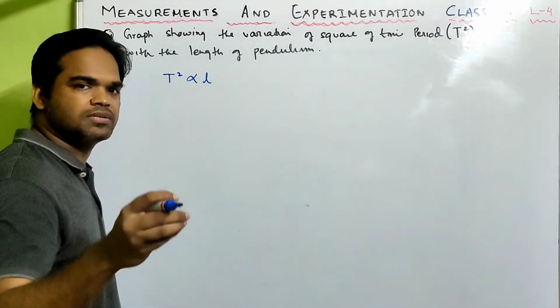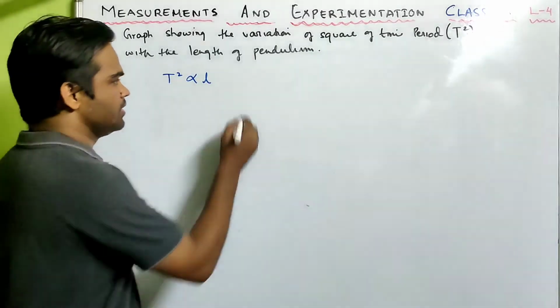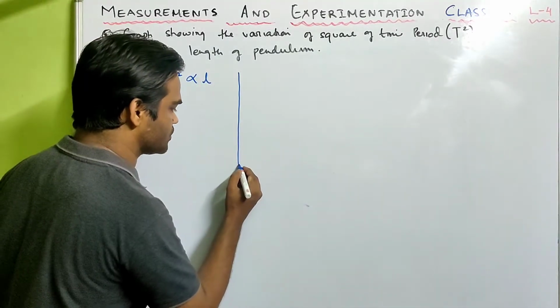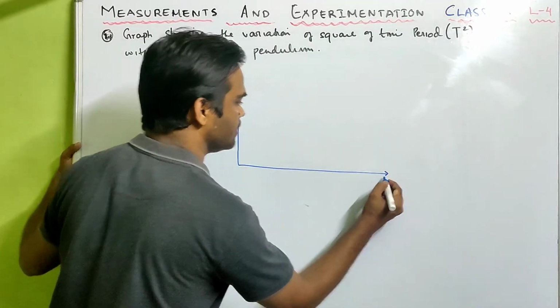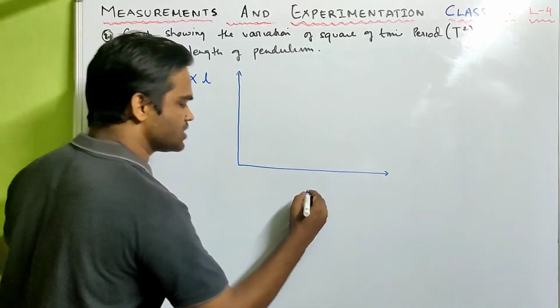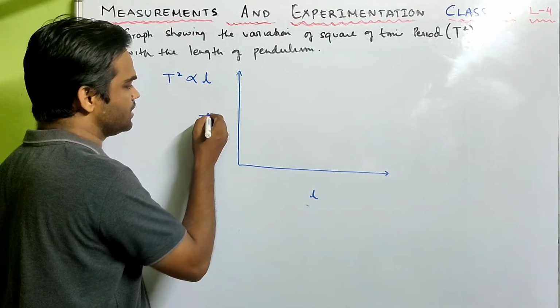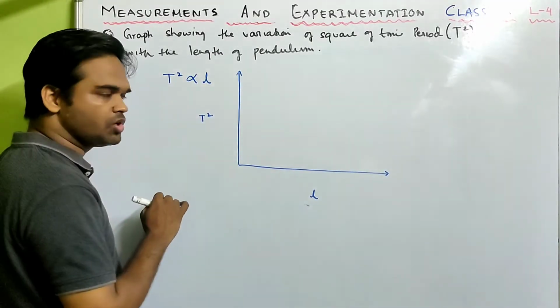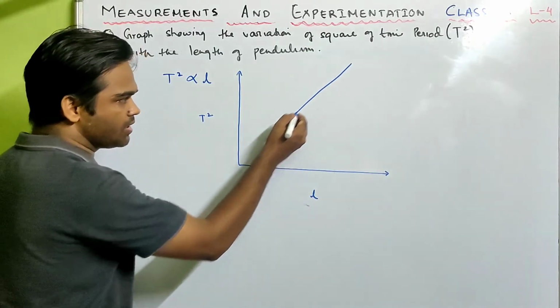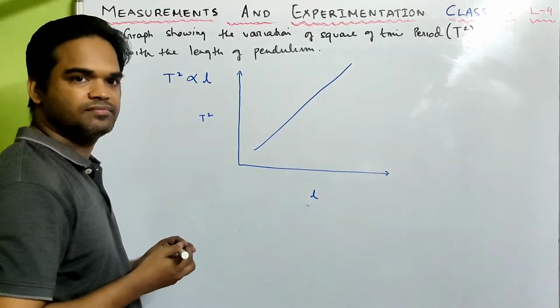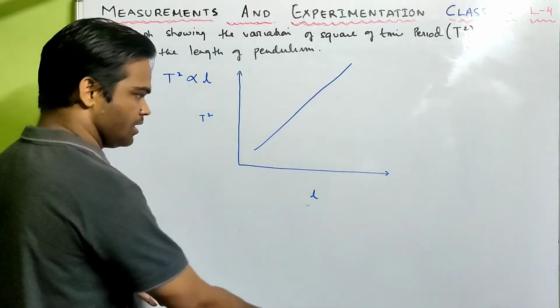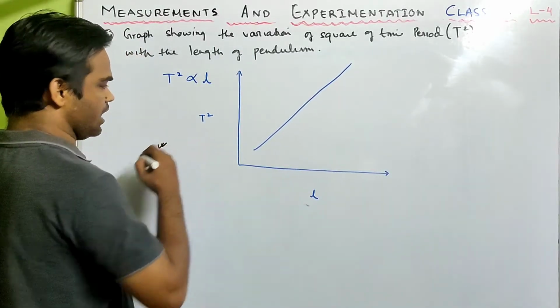Capital T represents the time period. So if they are directly proportional to each other, and along the x-axis we take the length of the pendulum, along the y-axis I take T square, we'll get a straight line, and this is the graph.